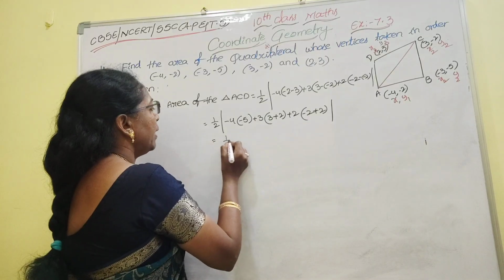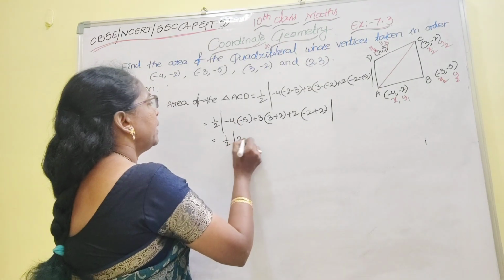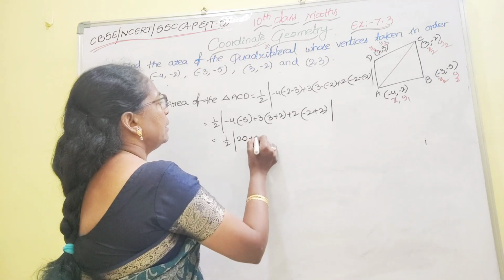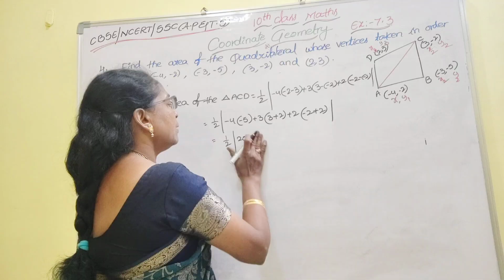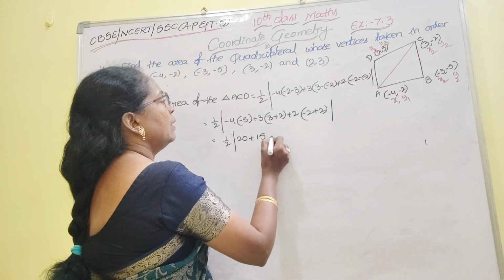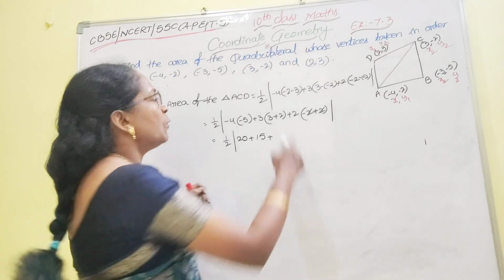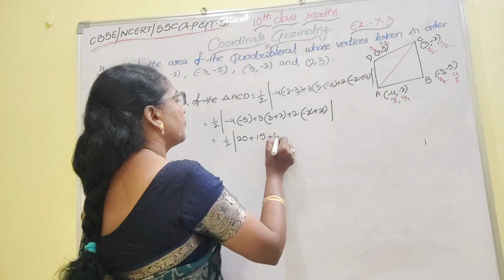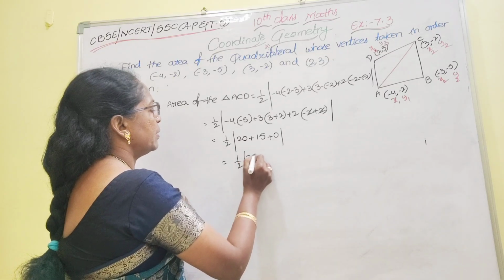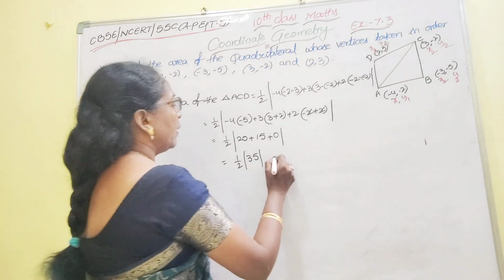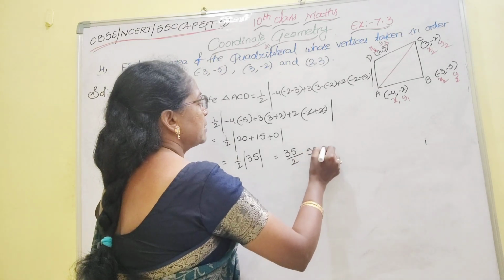Now simplify: half into 4 times 5 is 20, plus 3 into 3 plus 2 equals 5, 3 times 5 is 15, plus 2 into -2 plus 2, both will be cancelled, directly 0, 2 into 0 is 0. That equals half into 20 plus 15, equals 35. This value equals 35 by 2 square units.